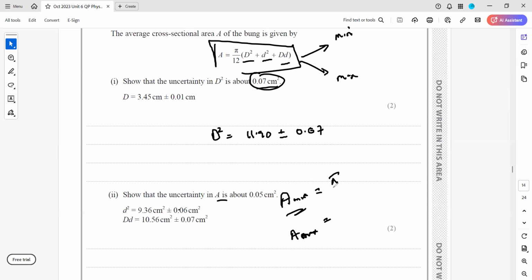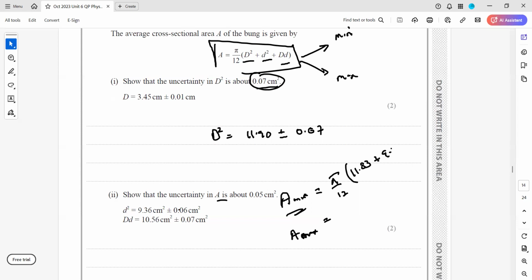So it will be pi over 12. What is the minimum value of a D square if I subtract 0.07, or 0.069, let's say? What is the minimum value? So this will be 11.83. What is the minimum value of a D square if I subtract?